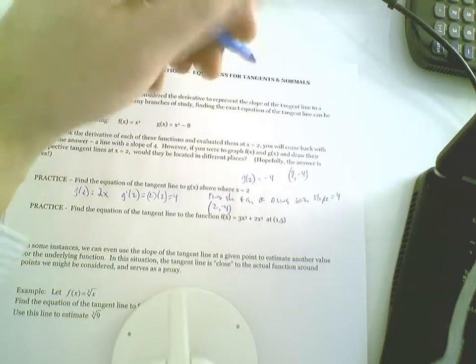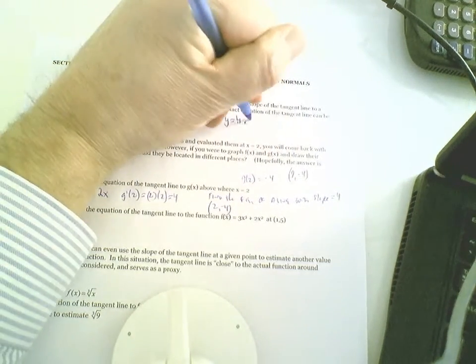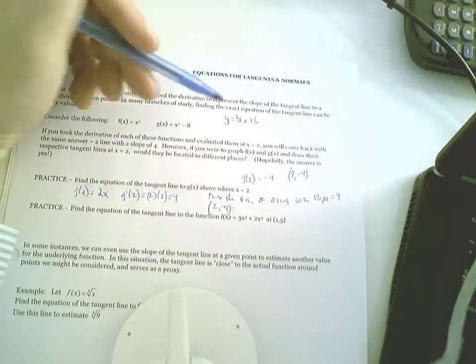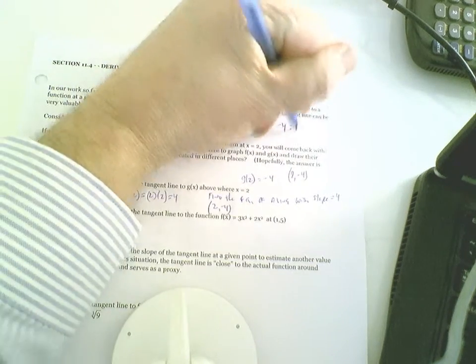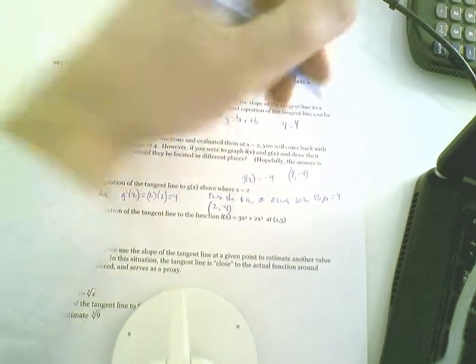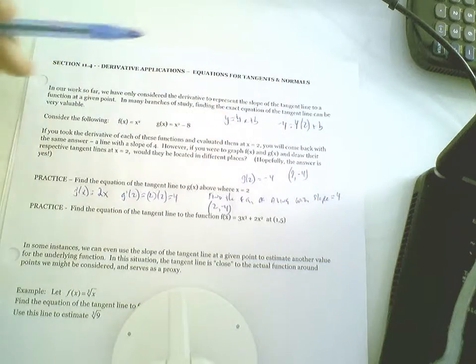Well, working with slope-intercept form, and again, since I don't have a lot of real estate, I'll do the following. I'm going to say y equals 4x plus b. That's what we'd be working to solve in this case. I know that y is negative 4, so negative 4 is equal to 4 times our x value, 2, plus b. I'd have negative 4 equals 8 plus b.